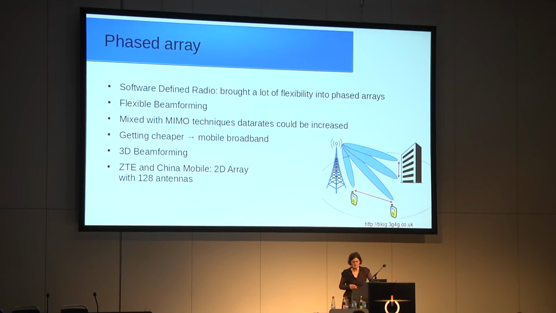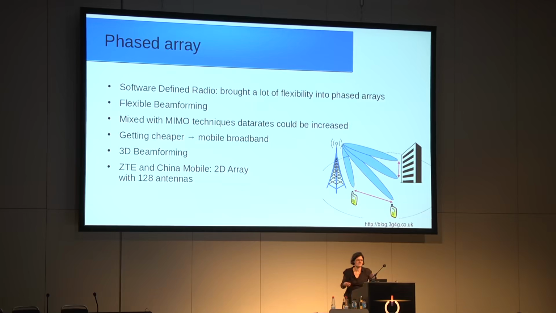They are doing a lot of research at the moment, for example, on 3D beam forming. This can be seen here in this picture. So we got our base station, then we get one beam down here, and several beams to the skyscraper here. And the idea is, for example, to cover different levels of a skyscraper with different beams on the same frequency.